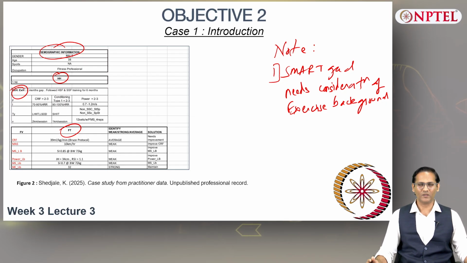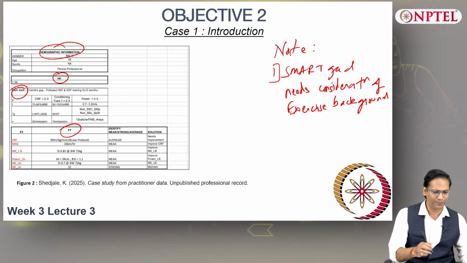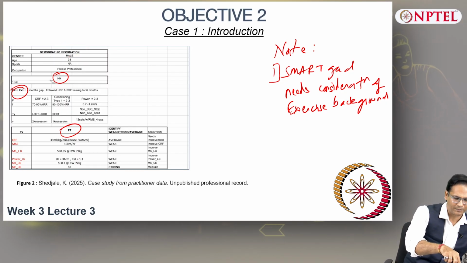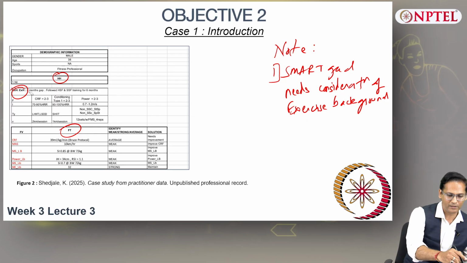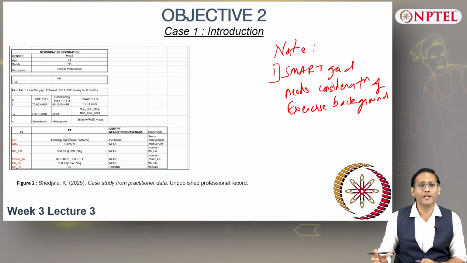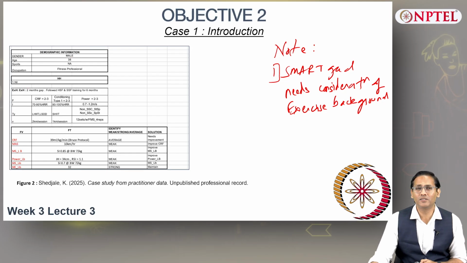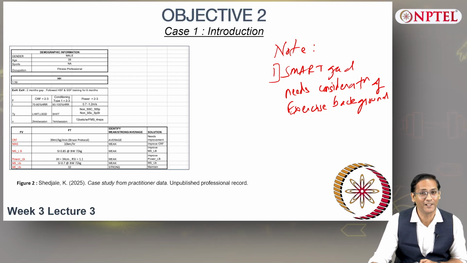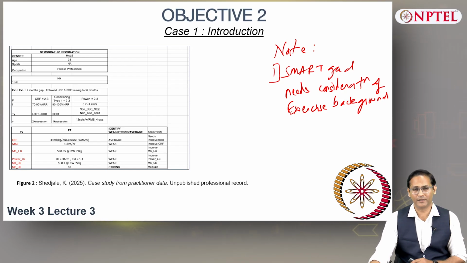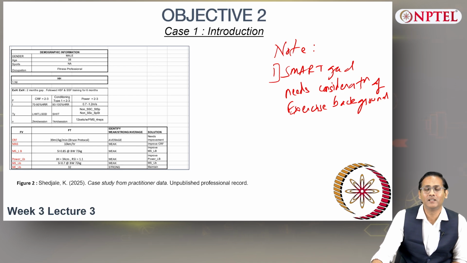Now let's start by understanding the scenario, the exercise background. Now this is a 38 years old male fitness professional. It means he is a fitness trainer. He doesn't have any exercise, he doesn't have any medical history.